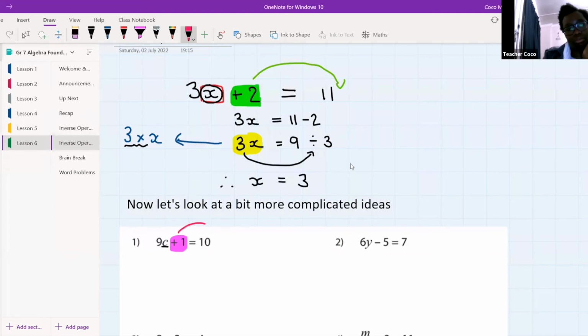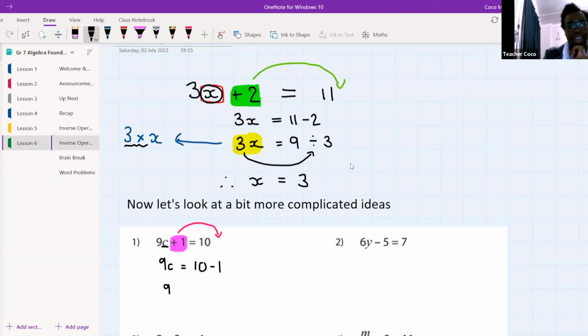We are moving 1 back, which is going to turn to -1. Good. So my next line will read 9C, and then it's going to be 10 minus 1.